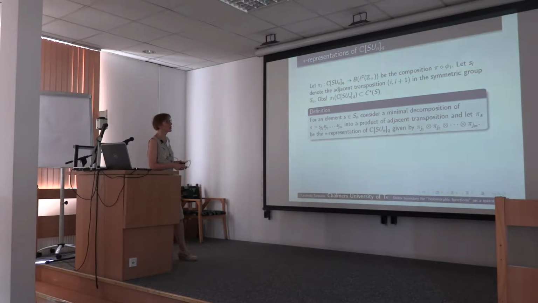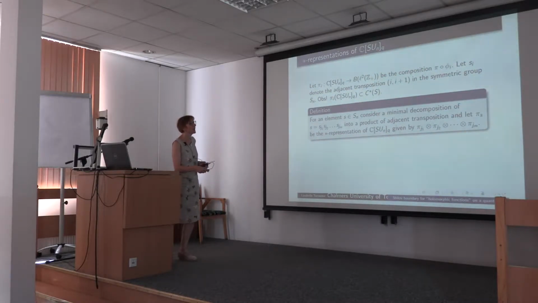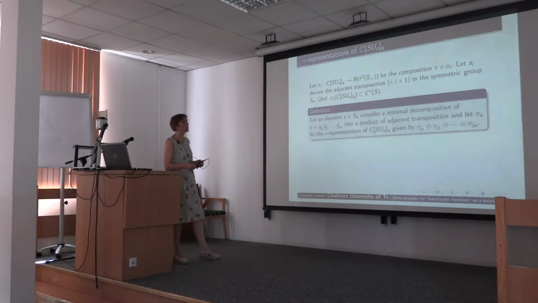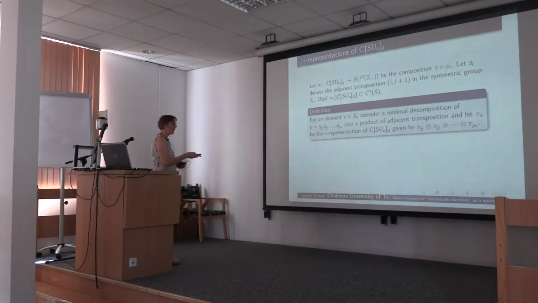Okay, so this is a quantum group, so it has the comultiplication. This tensor product is just the composition of the coproduct, and then we apply this tensor product π_{j1}, π_{j2}, up to π_{jn}.